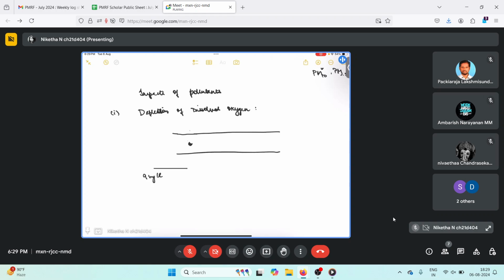Now, when we throw some waste into this river, this dissolved oxygen level will go down. Can you tell me why this happens? Any answers?